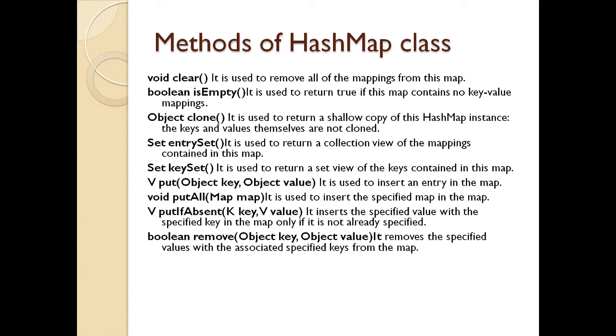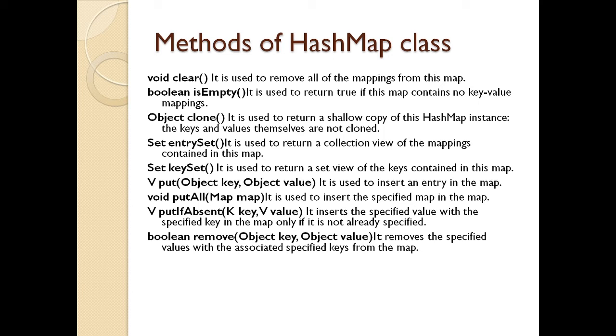So I can pass a parameter of key as well as an associated value. Boolean remove removes the object which I am passing as a parameter. So I need to pass the key along with its value if I want to remove that object.